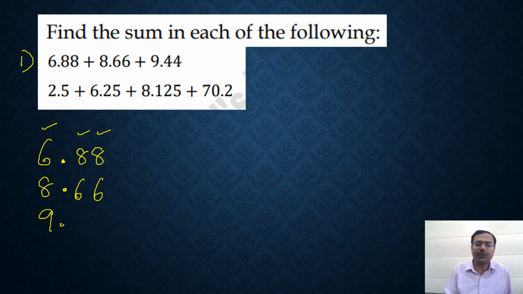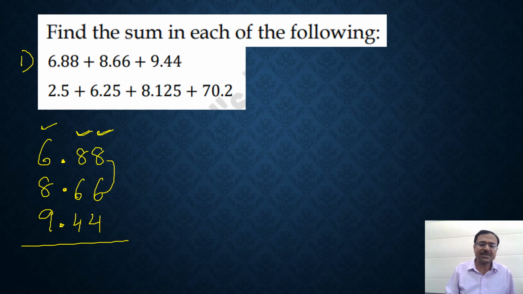Likewise 9.44 also has the same number of digits. So when there are equal numbers of digits before and after the decimal, then the problem is very easy. You just have to write the decimals one below the other and add vertically. If the question contains two digits after the decimal, then your answer will also contain two digits after the decimal.